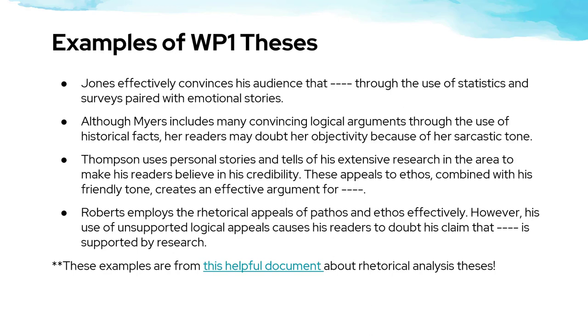Specifically, this author takes note of Jones's use of statistics and surveys, what we would refer to as logos, because this is Jones's usage of good logical reasoning skills. And then they also say that this use of logos specifically paired with emotional stories. So this author is saying that Jones's use of both logos and pathos is successful given Jones's target audience. You'll also notice that the language throughout this thesis, which is a fairly short thesis, is clear and strong.